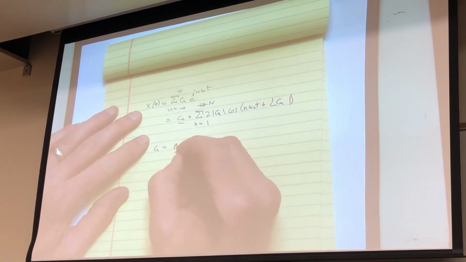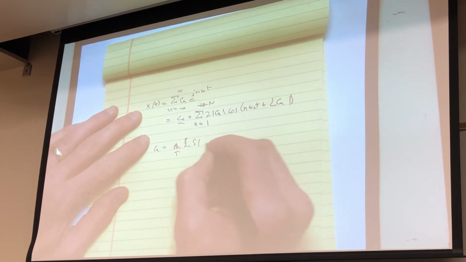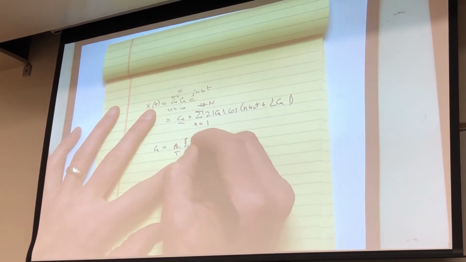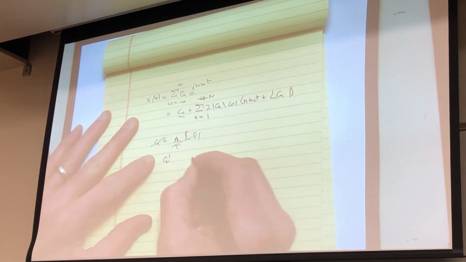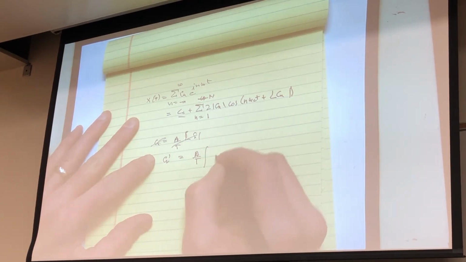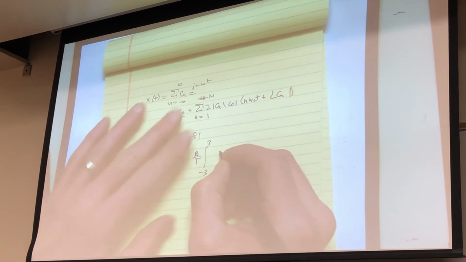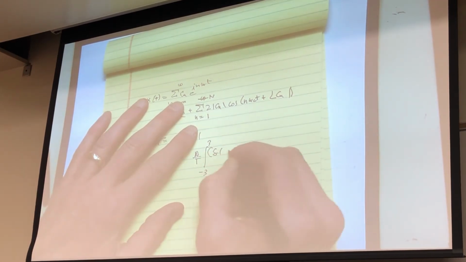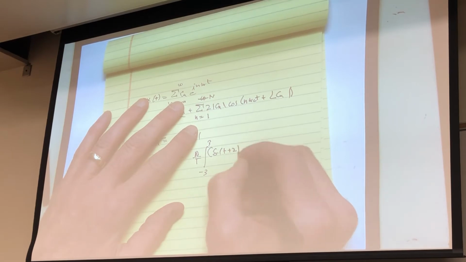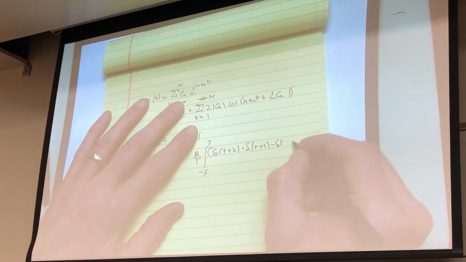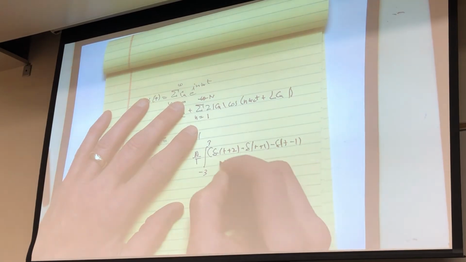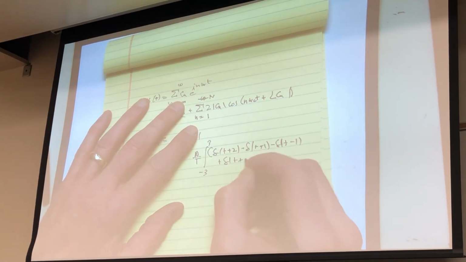That's going to be a, right? And there's delta functions. If I want c of n prime, I know it's a over t times the integral from minus 3 to 3, and here it's going to be delta of t plus 2 minus delta of t plus 1 minus delta of t minus 1 plus delta of t minus 2, I think.